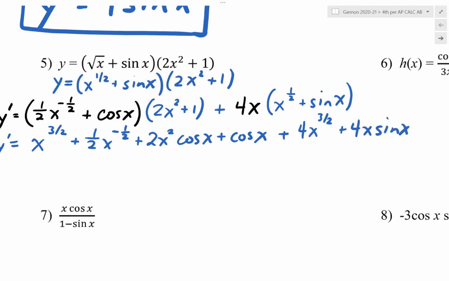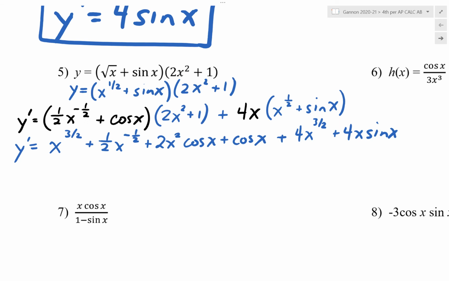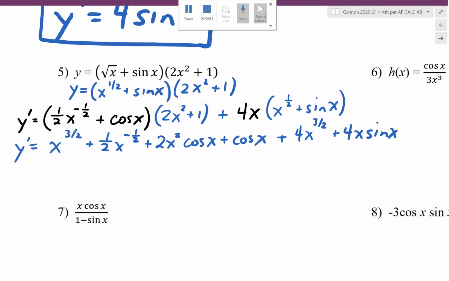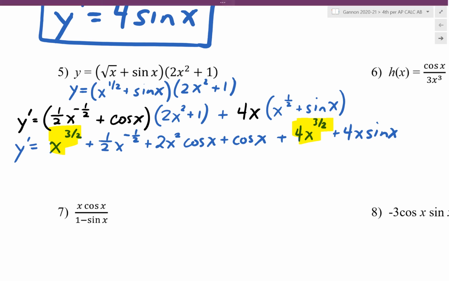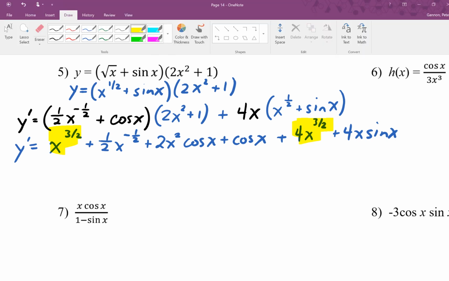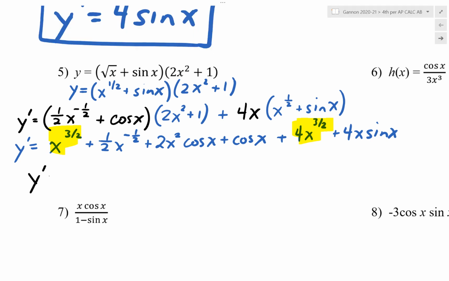Now, that doesn't help us simplify it too much, but there are some like terms. We have x to the 3/2 here, 4x to the 3/2 there. So we can combine those, where we get 5x to the 3/2 plus.